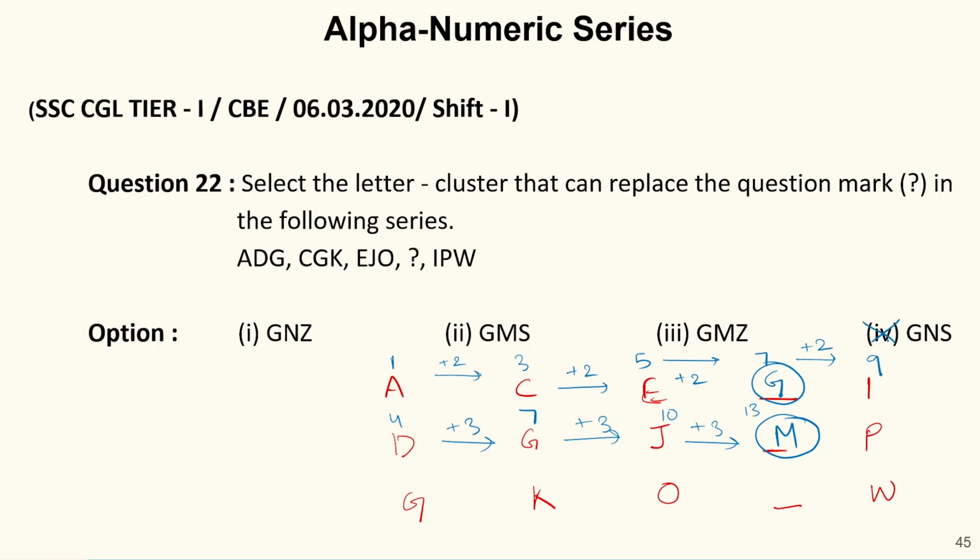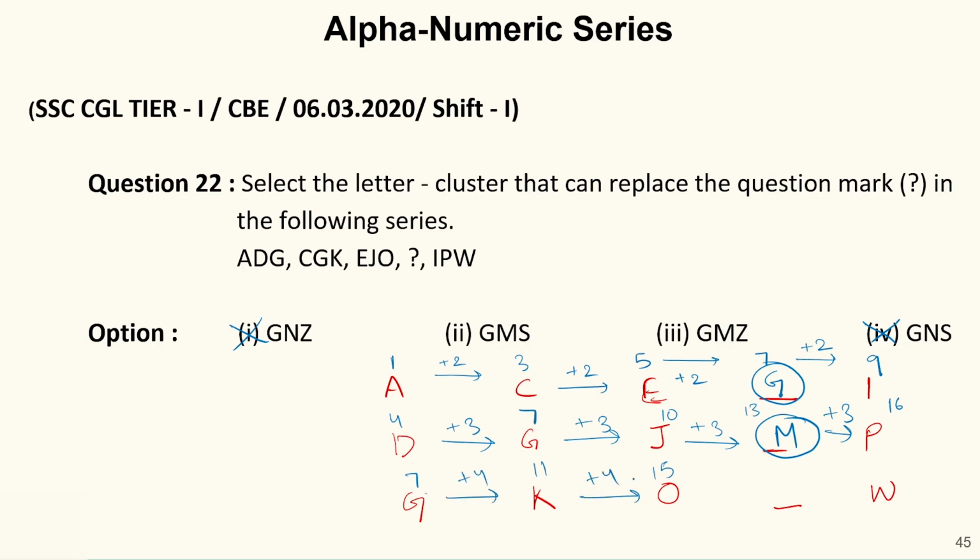So I can clearly eliminate these two options, right? Let us check. If we add 3, which position will we get? We'll get the 16th position, which is P. Similarly, in the third series, K is positioned at 11, O is positioned at 15. So I can see an increment of 4 positions.